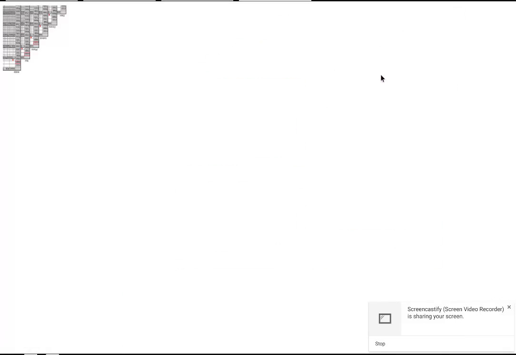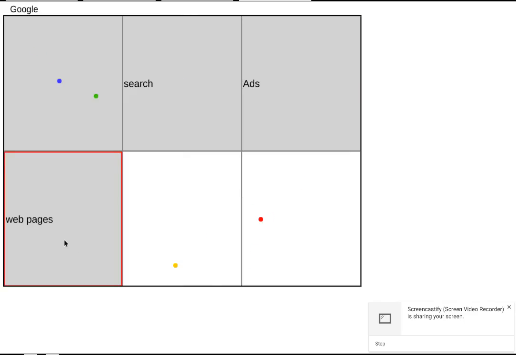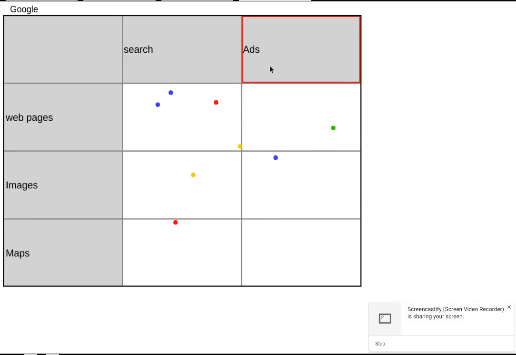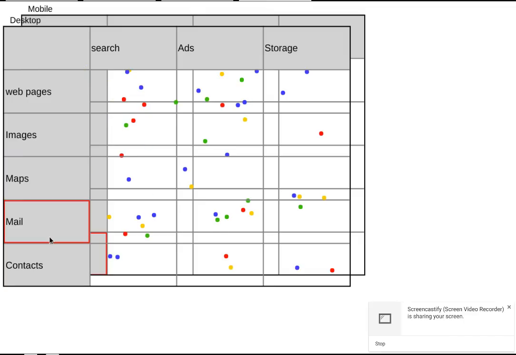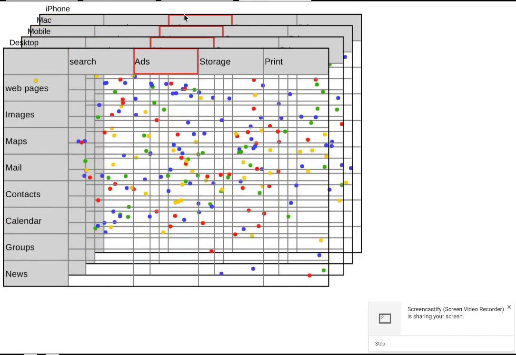So how does this apply to Google? If we take the same kind of grid, Google also started as two developers, let's say Larry and Sergey, with one type of data, web pages, and one feature, which is search. Later, we added ads, and then we started to add more types of data, and then more features. And then we started adding more platforms, just like Unix.